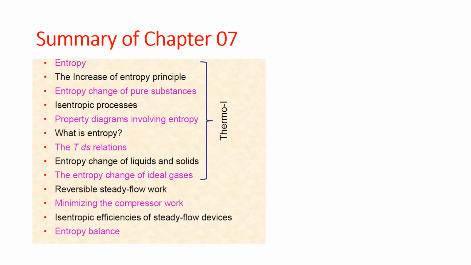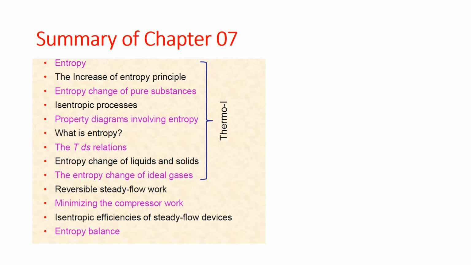So, summary of chapter 7. In chapter 7, you have seen what is entropy, the increase of entropy principle, entropy change of a pure substance, isentropic processes, and the property diagrams involving entropy. You have seen the TDS relation, entropy change of liquids and solids, and entropy change of ideal gases.